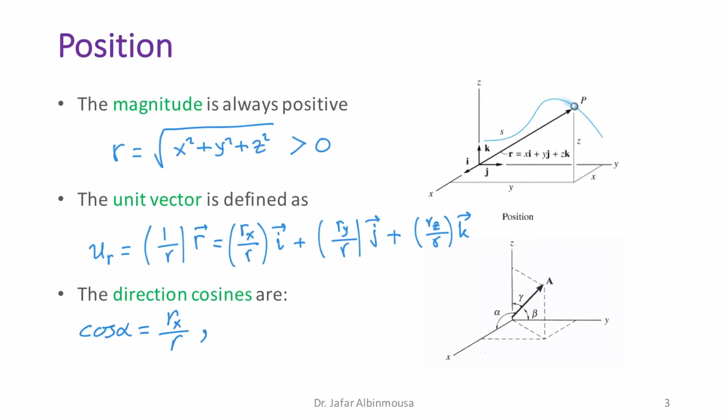Then we have cosine beta, which is r_y divided by r, and finally cosine gamma, which is equal to r_z divided by r. These angles are shown clearly here. This is alpha, this is beta, and this is finally gamma.